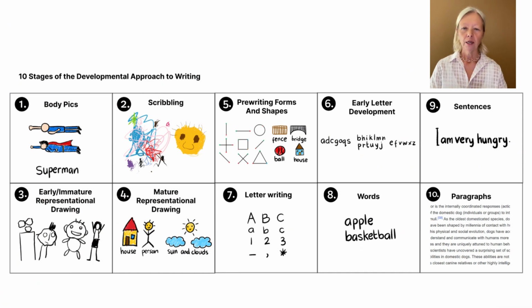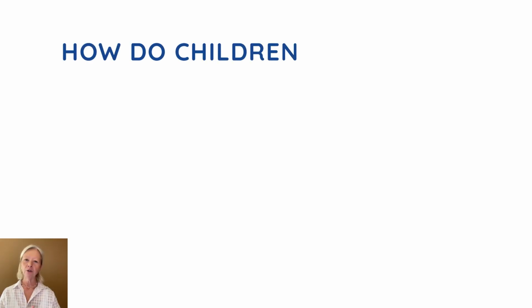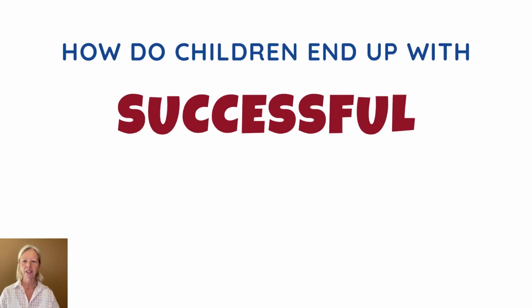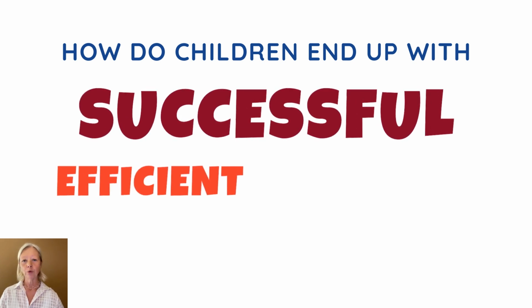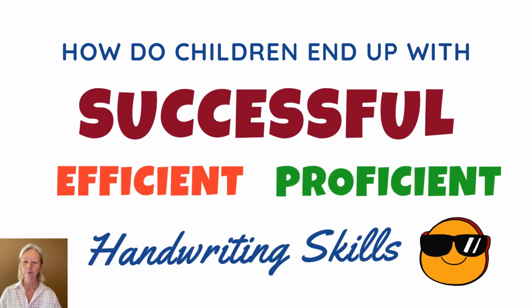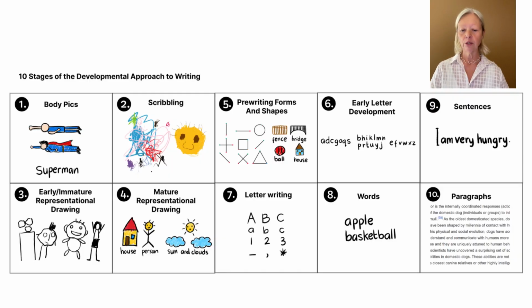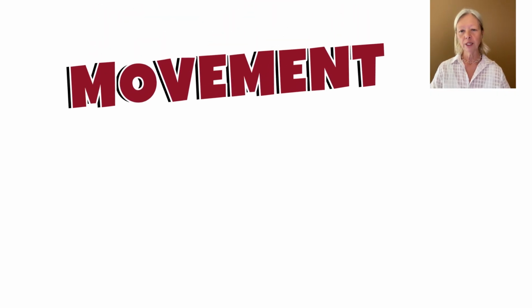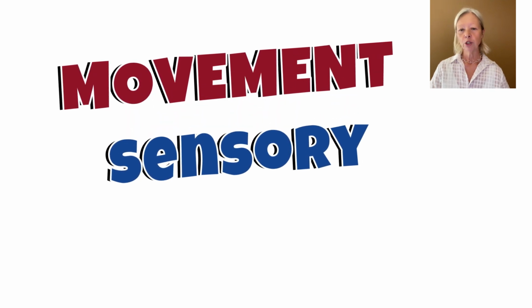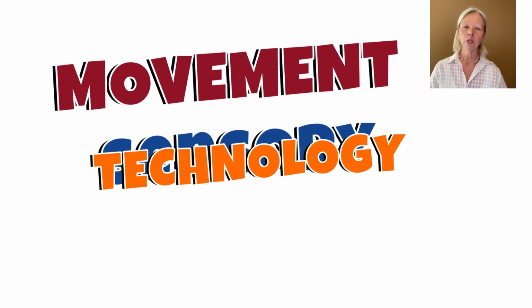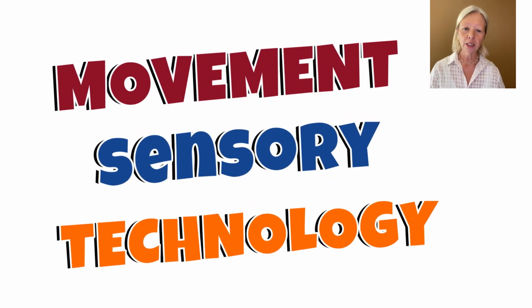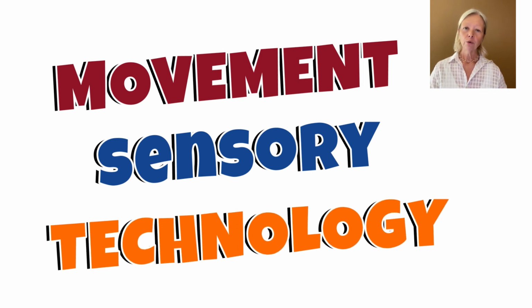So I've got this 10-stage approach that really looks at how children eventually end up with successful and efficient and proficient handwriting skills. For every one of these stages, we're not just looking at handwriting, we're also looking at movement and the sensory approaches in all the stages, and we will touch on some technology while we're looking at all of these stages.